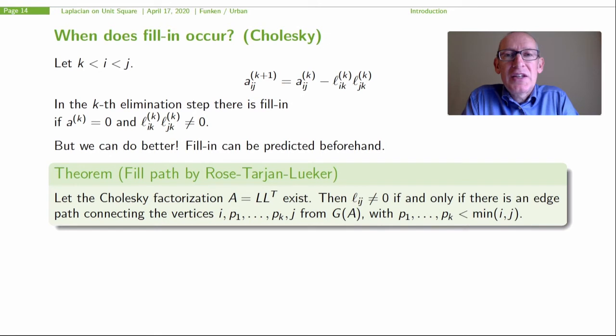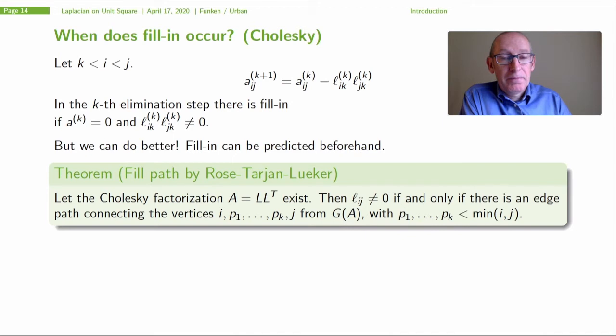Then we know that each element L_ij is non-vanishing if and only if there is an edge path connecting the vertices from i via the nodes p_1, p_2, up to p_k to j in our adjacency graph, where all these nodes p_1 up to p_k are smaller than the minimum of i and j. Okay, we know already in advance, we see our adjacency graph and can predict where entries in the Cholesky decomposition will exist.